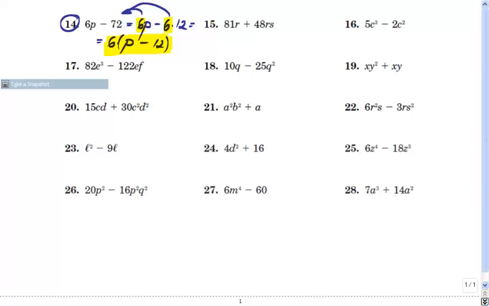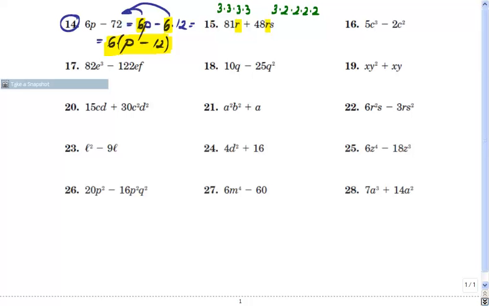Alright, 15. I'm looking for common factors of 81r and 48rs. As you notice, I already have the variable that's common, r. And I'm looking for which factors 81 and 48 are sharing. 81 is basically 9 times 9, which is 3 times 3 times 3 times 3. 48 is actually 6 times 8, which 6 could be written as 3 times 2, and 8 is 2 times 2 times 2.